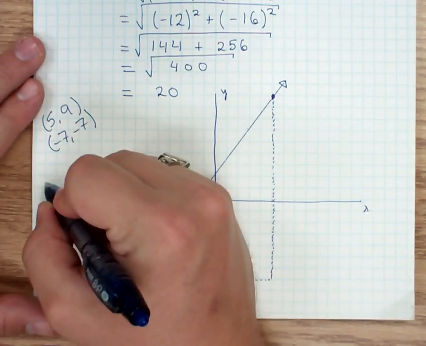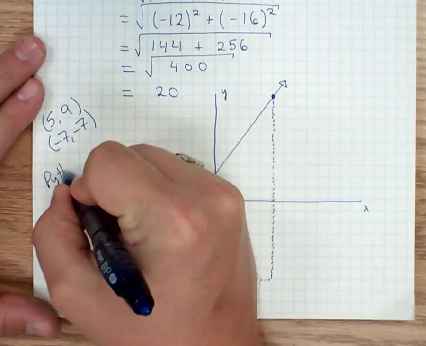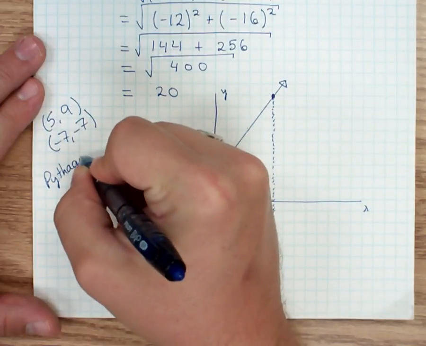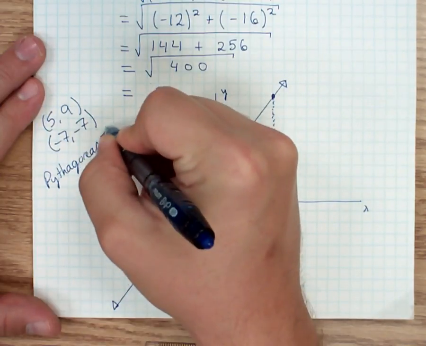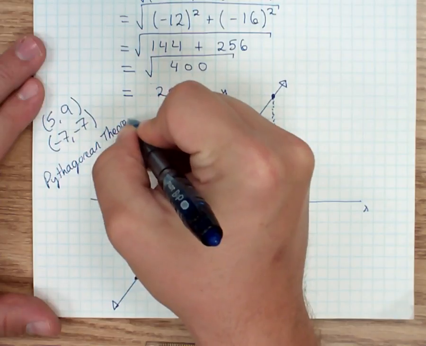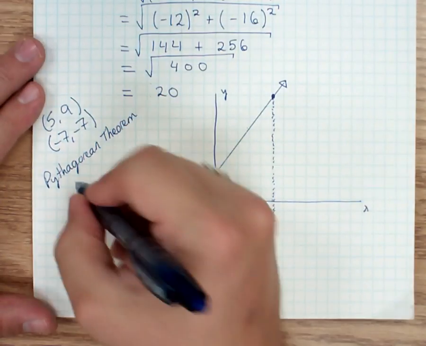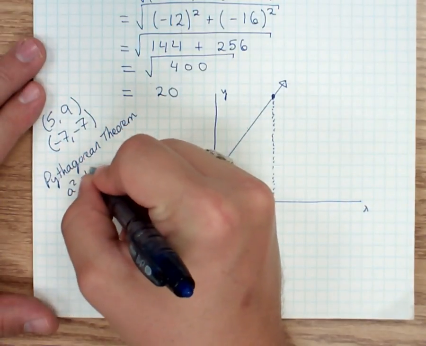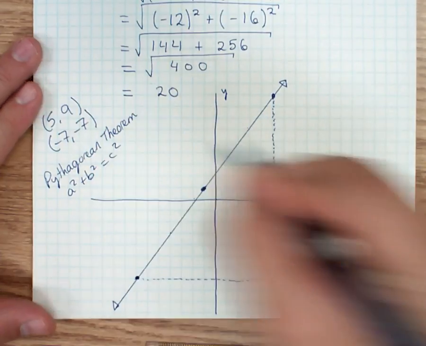Pythagorean theorem. I think I just misspelled that, but that's okay. A squared plus b squared equals c squared.